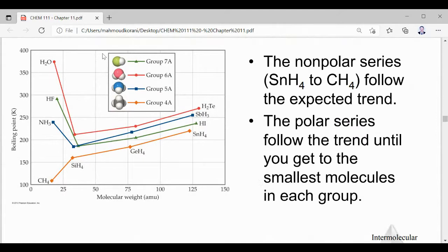These are some hydrogen compounds of group 7, group 6, group 5 and group 4. Let us start with group 4.